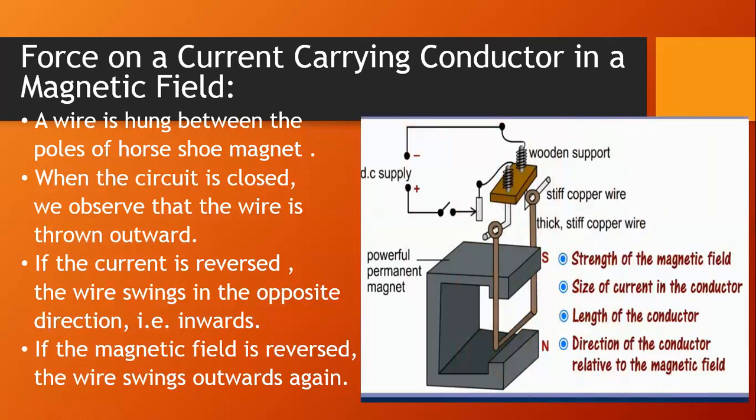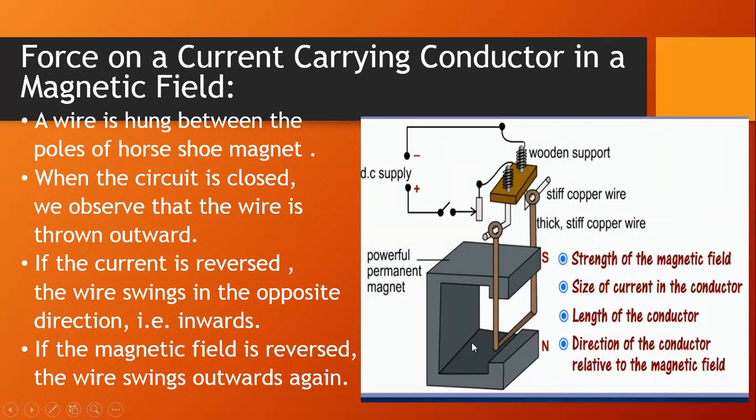You see the diagram. Okay, this is a wire hung in a horseshoe magnet. The direction of the magnetic field of the horseshoe magnet is from north to south. You see, from north to south, north is written.